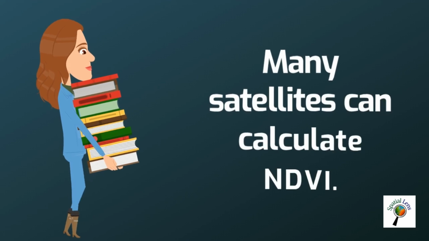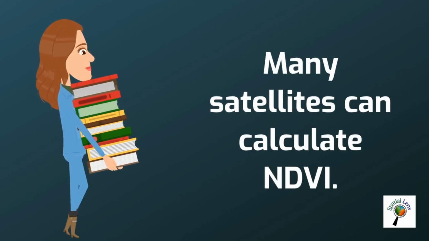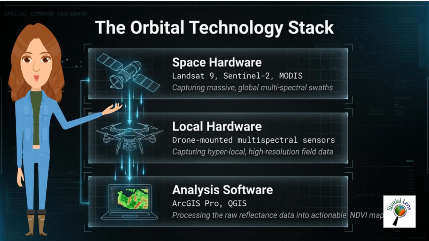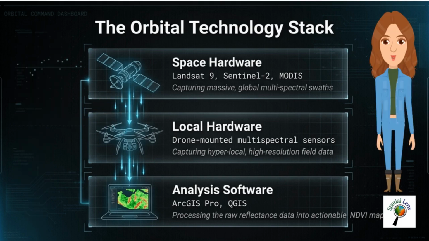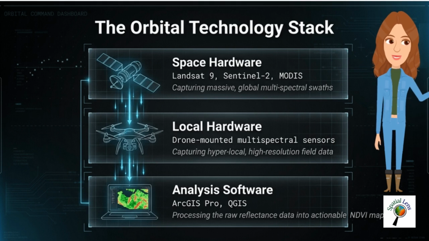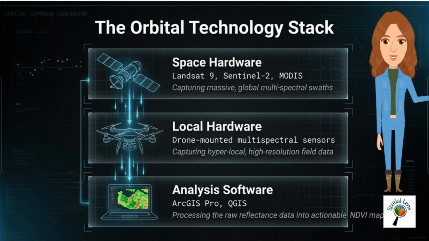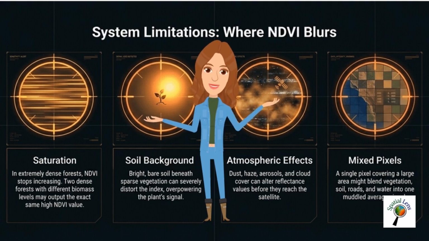Many satellites can calculate NDVI. Popular examples include Landsat 9, Sentinel-2, MODIS, and drone-mounted multispectral sensors. NDVI can also be generated inside GIS software such as ArcGIS Pro and QGIS. Now let's discuss limitations.